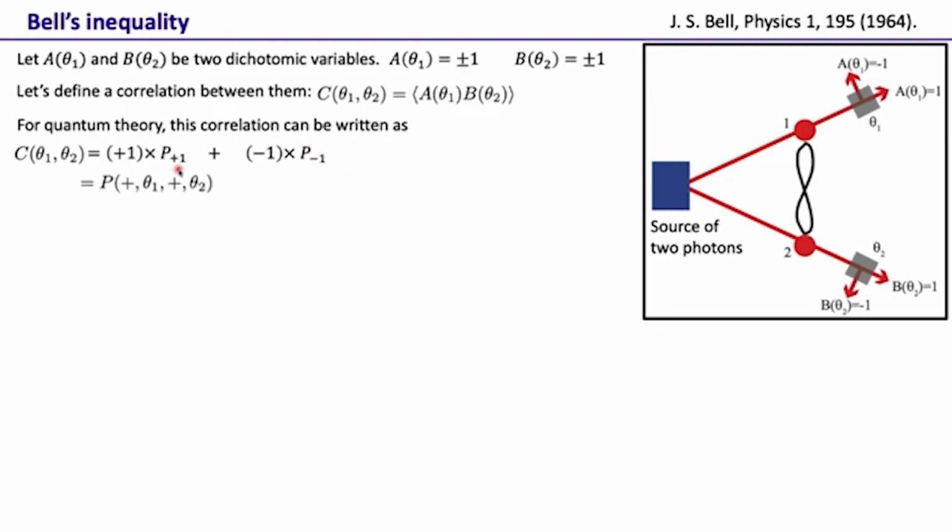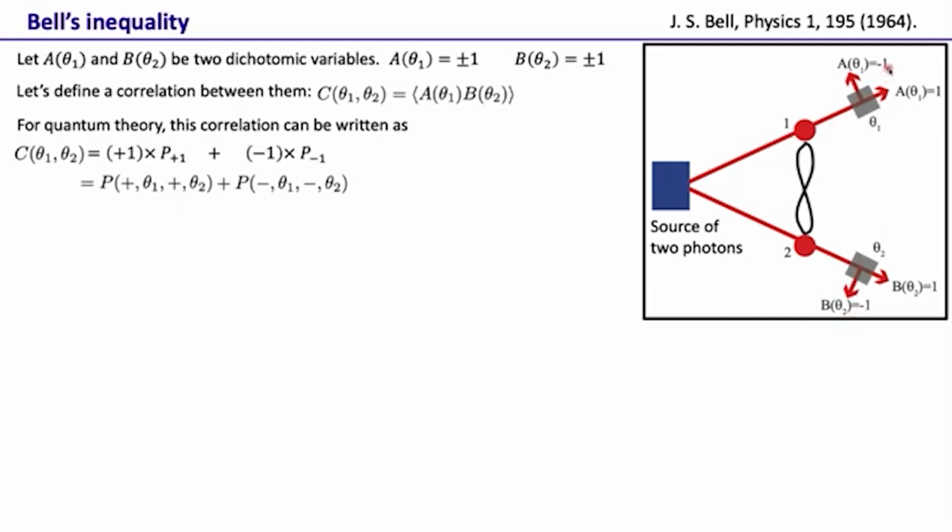What is the probability that we get a +1? We can get +1 if we detect a photon at θ1. That means the photon goes through this and the second photon goes through that, so we get +1 here and +1 here, and that way we can get +1. There's one more way we can get +1: the first photon goes in this direction, meaning it doesn't pass through the polarizer, and the second one also doesn't pass through the polarizer.